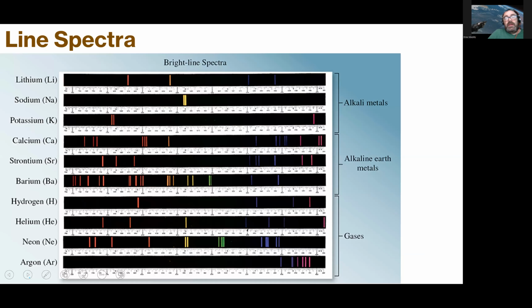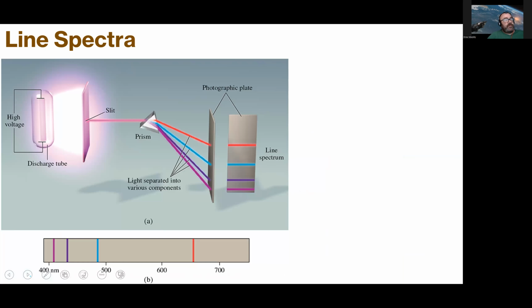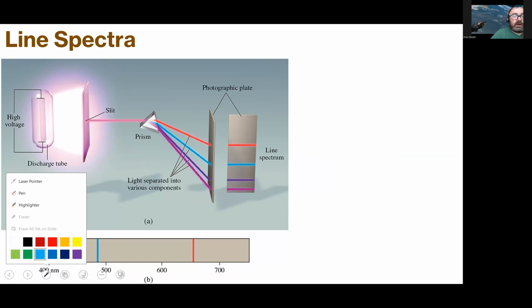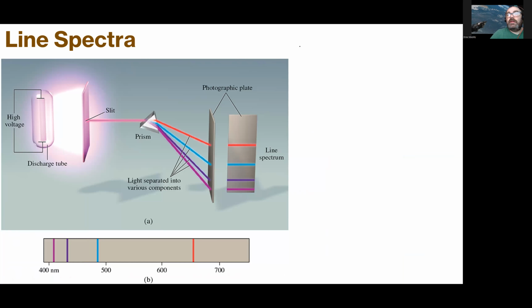Interestingly, another thing that was mildly perplexing about this was that different elements had different line spectra. A lot of people worked on this. One of the first people to work with this was a guy by the name of Balmer. I'll write it because I don't know if I said it right.